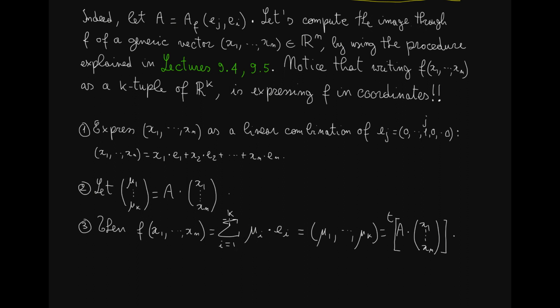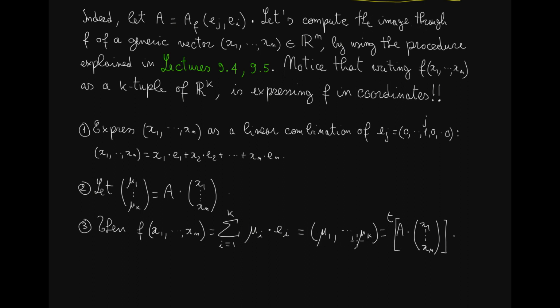So this amounts simply to take the row vector given by the coefficients mu I, because each ei is the canonical basis, and expanding this linear combination, we precisely get this vector mu I written as a row vector instead of column vector.